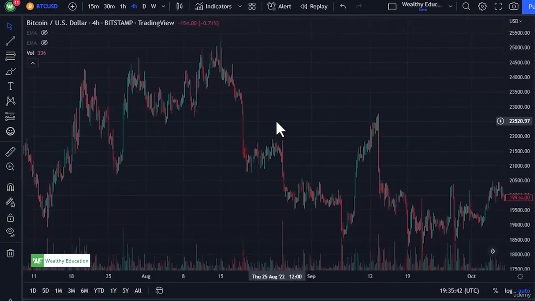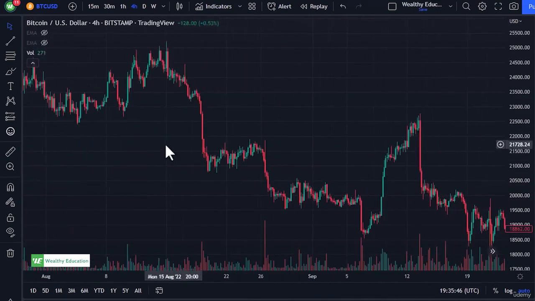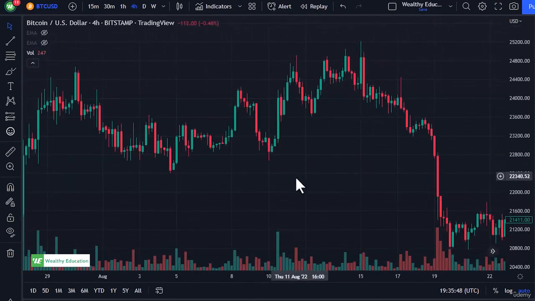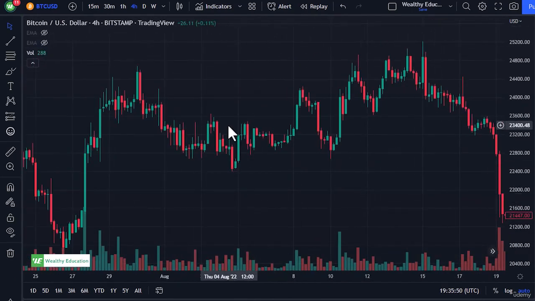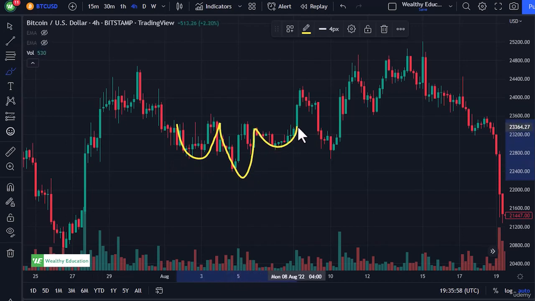But you can see that there are a lot of patterns that occur that do eventually lead to bigger moves. So in this case, you got a little bit of an inverted head and shoulders pattern here. Not a major one, but one that tells you that, hey, maybe we're ready to bounce again. And we, in fact, did get the target pretty quickly.